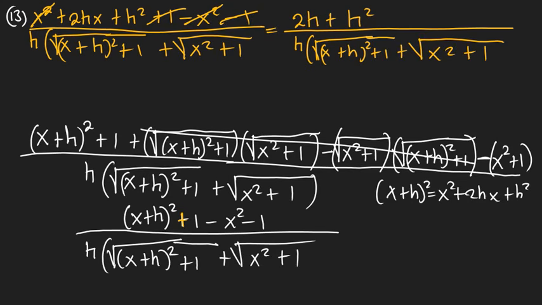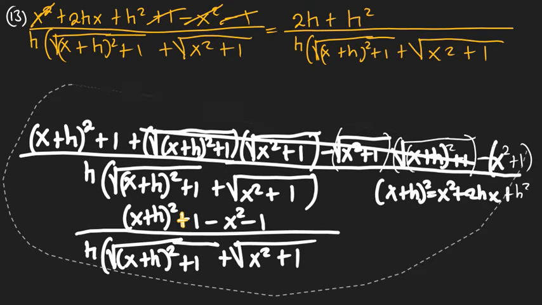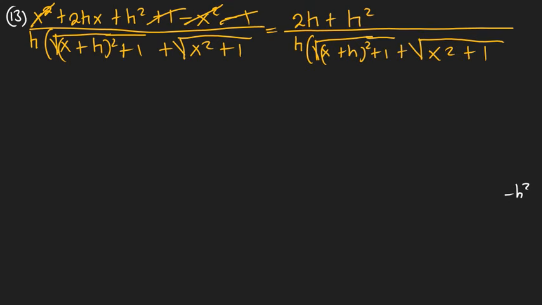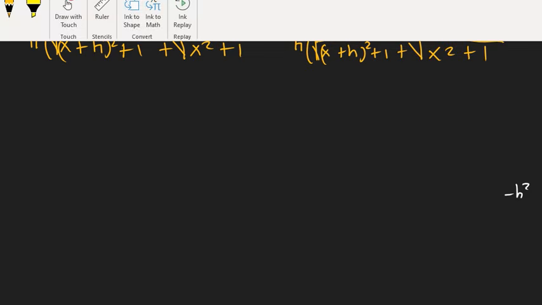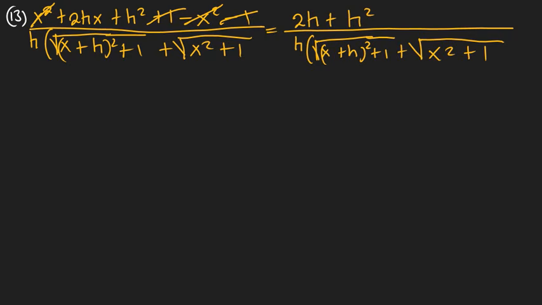Notice that when you reach here, you can factorize. So what's common there? h is common. Then you're going to remain with the 2 here plus h.